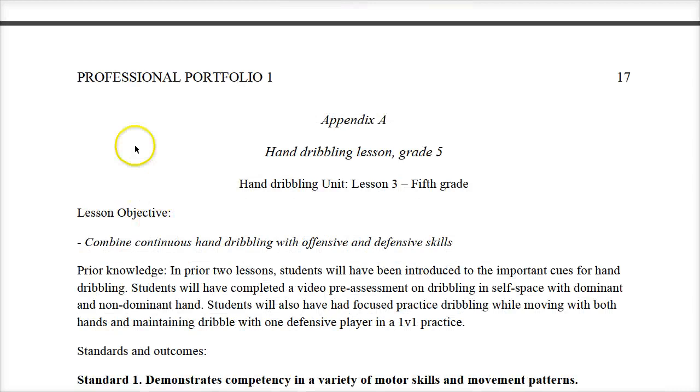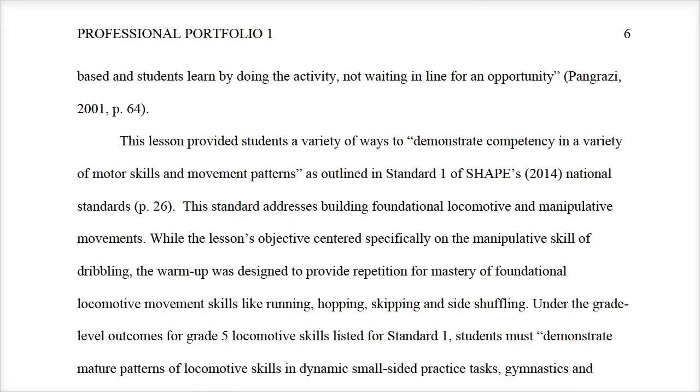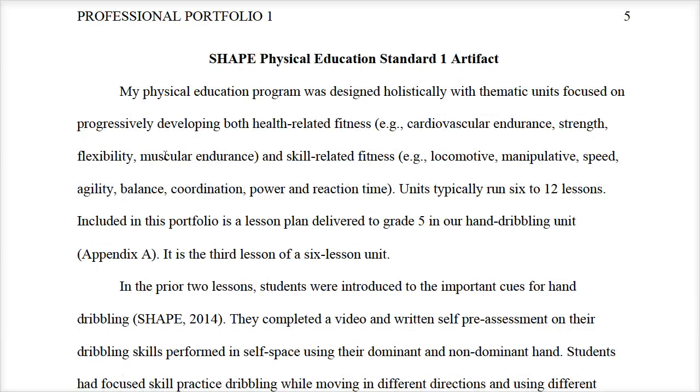for her SHAPE standards. And then what you're going to do after you find that artifact is you're going to write 2 to 3 pages total, so about a page and a half for each standard. So a page and a half to 2 pages for Code 1, a page and a half to 2 pages on Practice Standard 1.